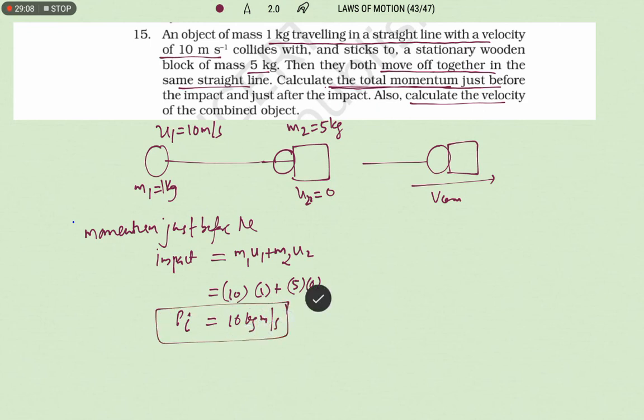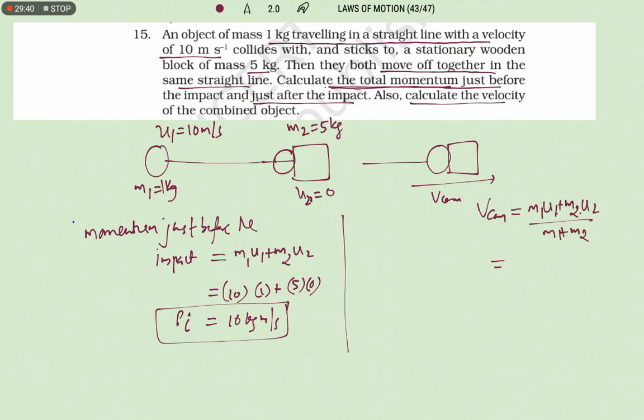The same way, just after the impact, we need to find the common velocity first. In a perfectly inelastic collision, the common velocity V equals m1 u1 plus m2 u2 by m1 plus m2.